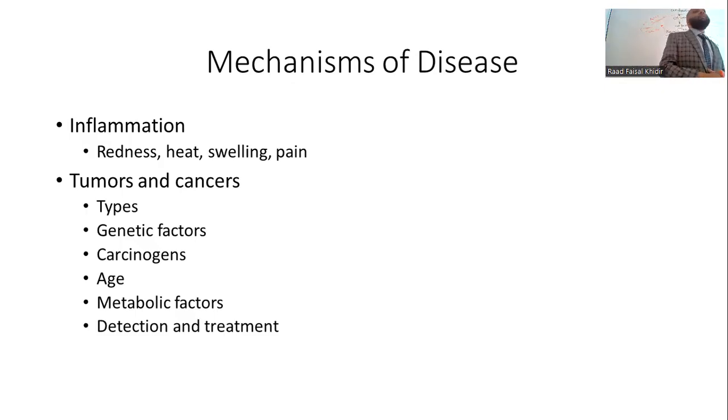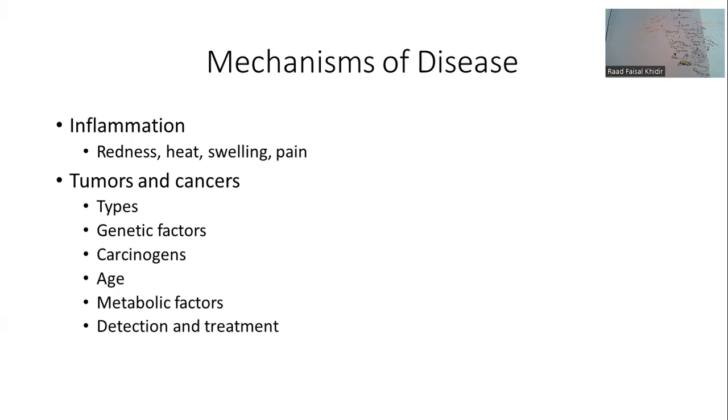But if the tissue cannot enter the cell division cycle, it will be healing by fibrosis, by scar tissue formation. And what mediates inflammation? There are 5 cardinal signs of inflammation. The first one is redness.